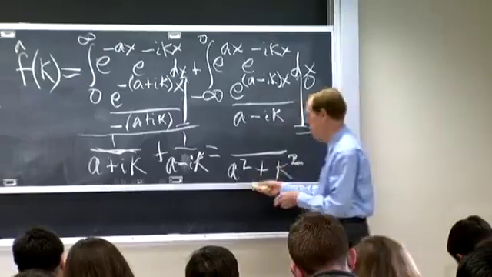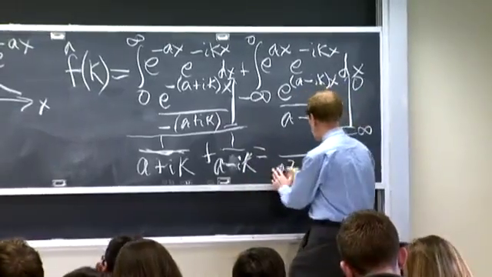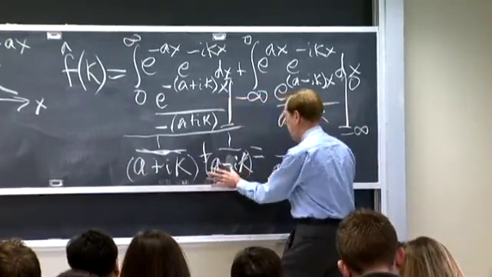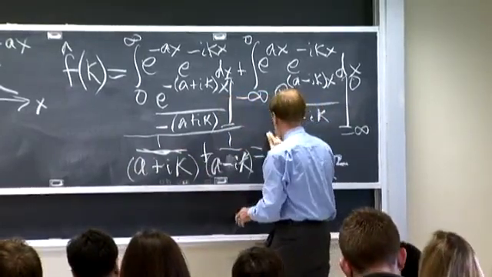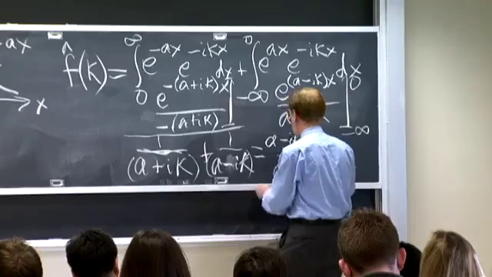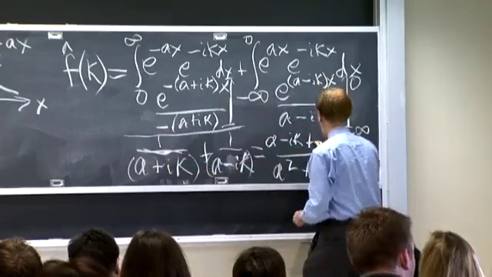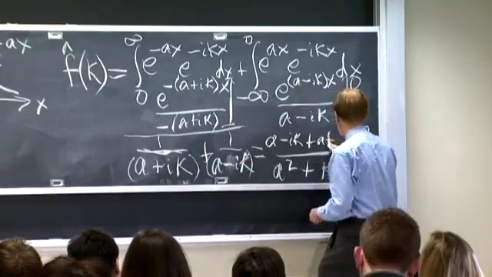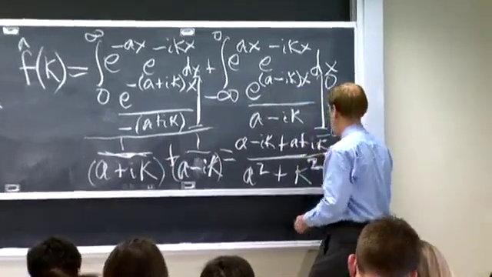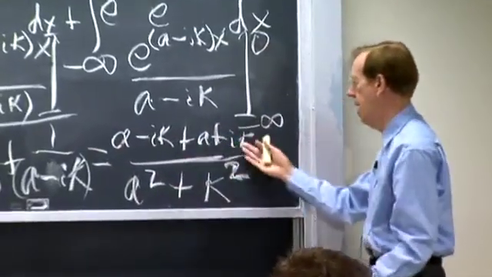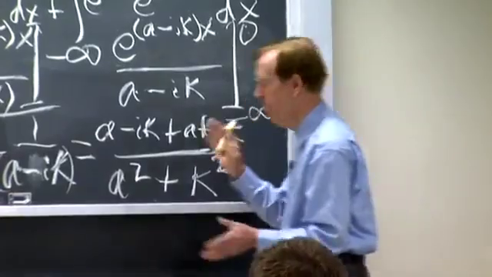And in the numerator, let's see, when I put it over this common denominator, I should have an a minus ik going up on top there, and an a plus ik going up on top here, right? Those are my two fractions, and now that numerator simplifies.